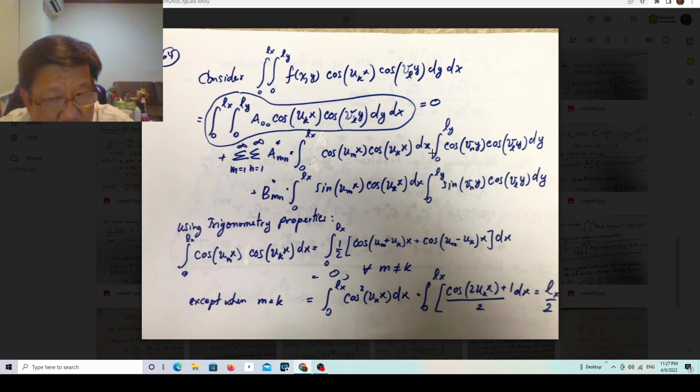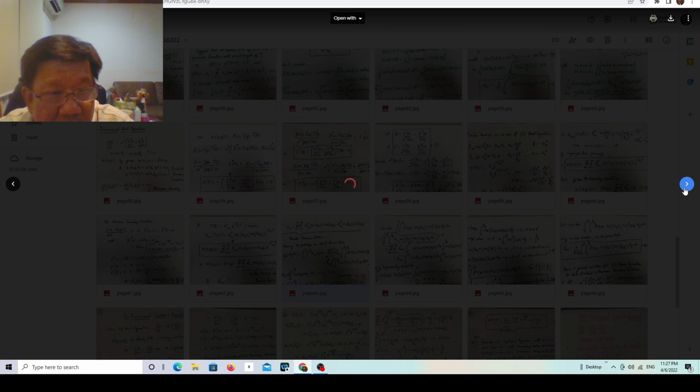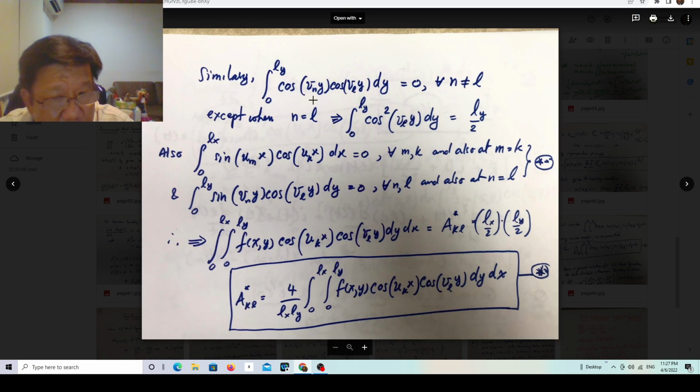Since it's multiplied to each other, the result is pretty similar for cos here. For y, it's always 0 when n not equal to L, but since it's equal to L, it becomes similar to what we did with the x. You end up having L sub y divided by 2.